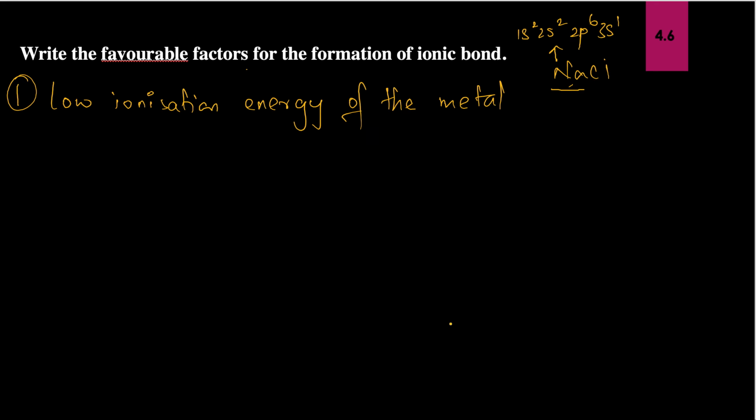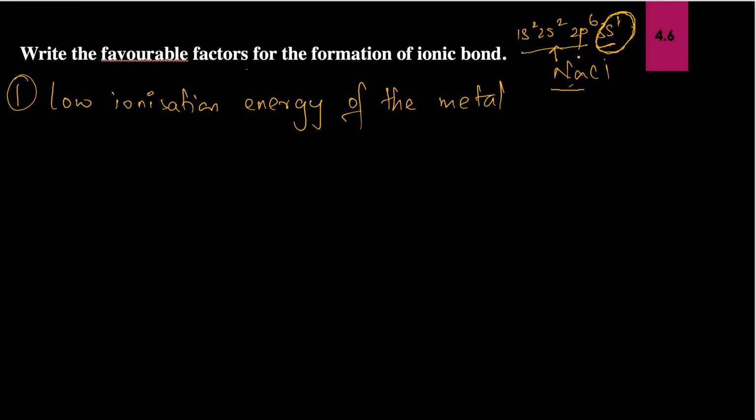Why is it easier for me to pull an electron from its valence orbital? This is your valence orbital for sodium, so there's only one electron here. If it loses that one electron, then the remaining is going to be of the nearest noble gas configuration, which is neon. So it's easier for us to extract this particular electron.